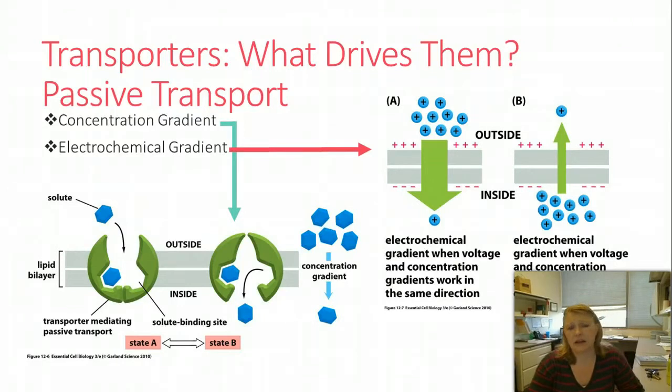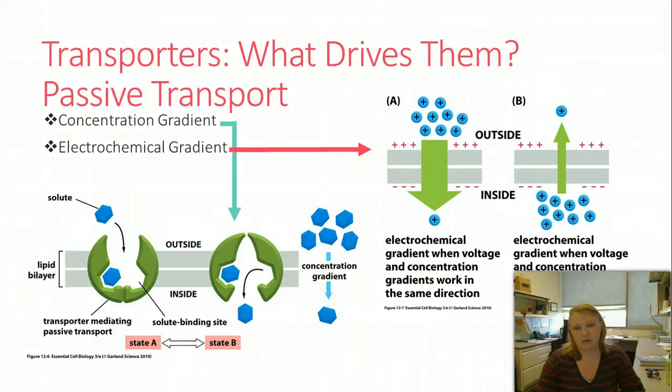We also have electrochemical gradients. There's a charge that runs along the outside of the cell, and all the cells have these, some to a greater extent than others. And so the charges can work in concert with the concentration gradients, as you can see in example A, where when the positive charge is on one side and the solute is positively charged, it will allow for the pumping of the solute across the membrane through a transporter.